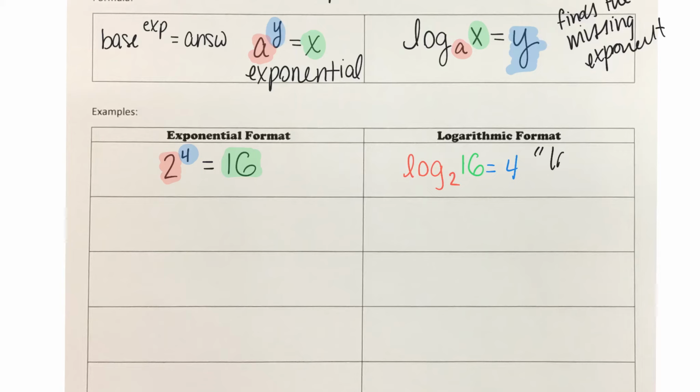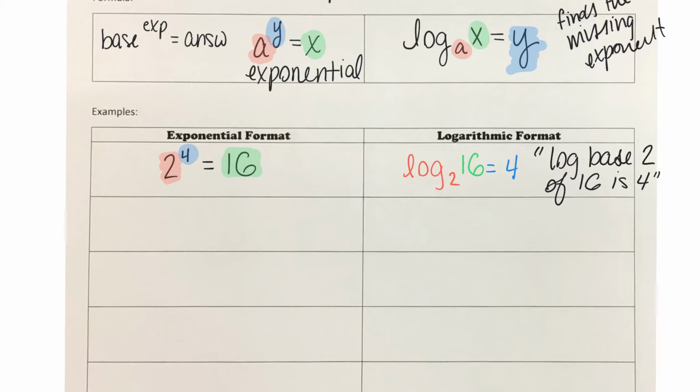We're going to say log base 2 of 16 is 4. Make sure you write this 2 really small. It's a subscript. Like when we write H2O and you write that 2 really small, that's what's happening with the base and the log.